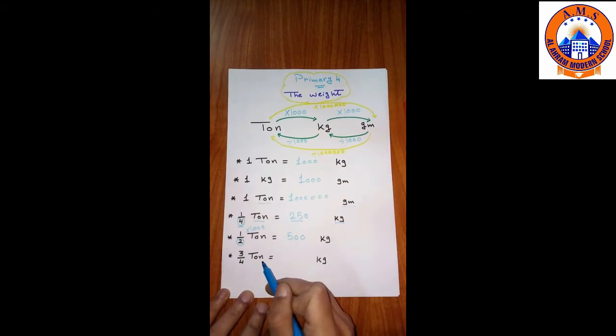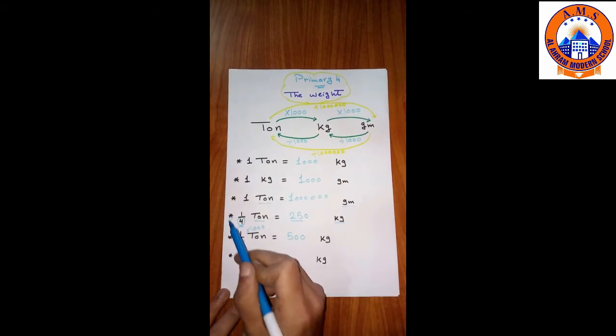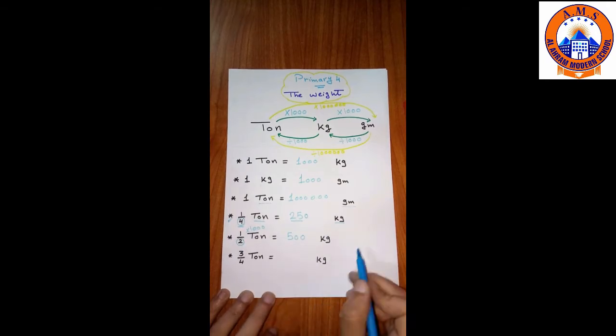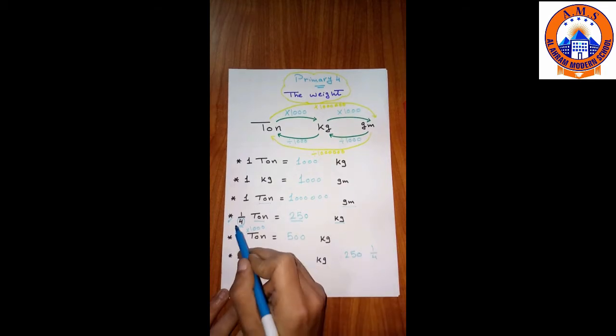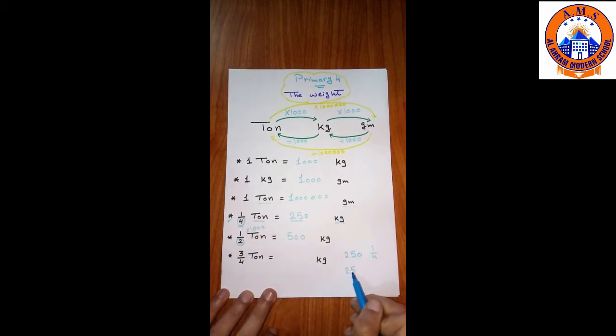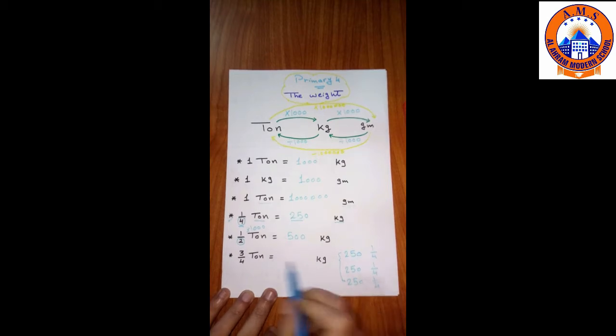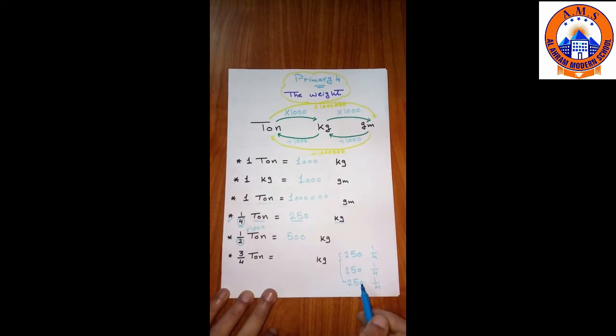3/4 of a ton means not just 1/4, we want 3/4. We need 250, this is a quarter, and another 250, another quarter, and another 250, the third quarter. So together: 0 plus 0 plus 0 equals 0. 5 and 5 and 5 is 15, write 5 and carry 1. 1 and 2 is 3, 3 and 2 is 5, 5 and 2 is 7.